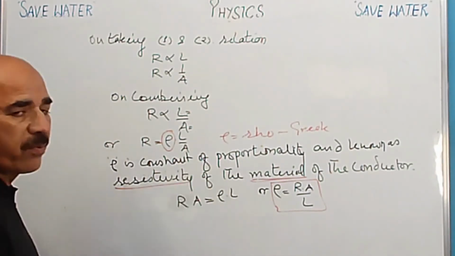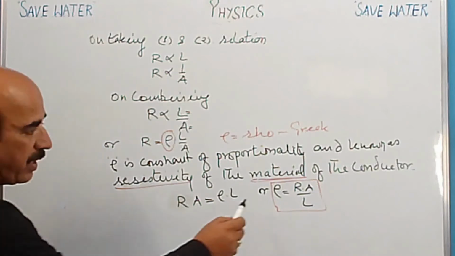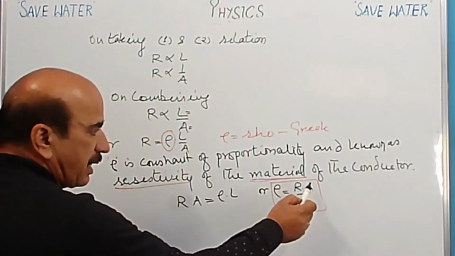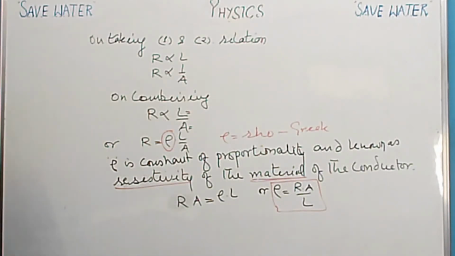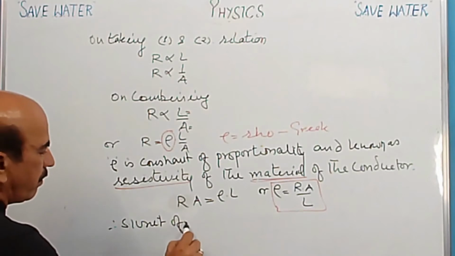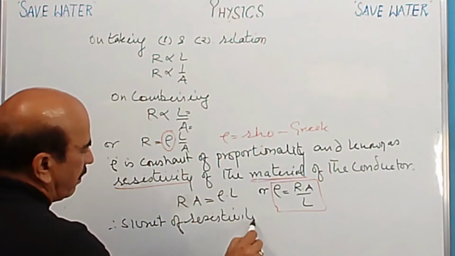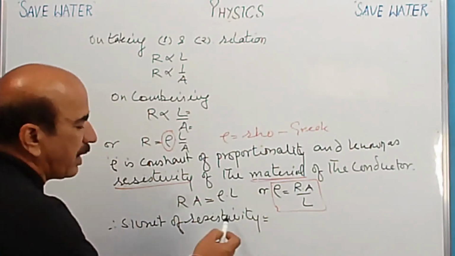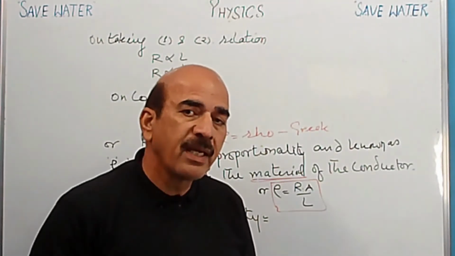Now how to get the unit of resistivity? We can write the unit of resistance, the unit of area of cross section, and the unit of length, and get the unit of resistivity. So the SI unit of resistivity, also known as specific resistance, but generally we say resistivity.